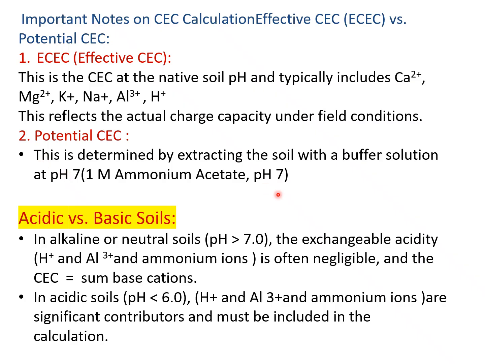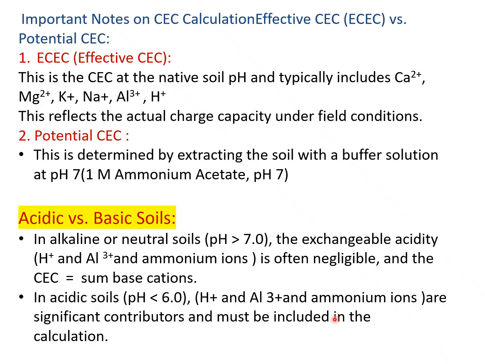How is this related to acidity or basicity of soil? In alkaline and neutral soil, where the pH is above 7, the exchangeable acidity is often negligible. The CEC then becomes the sum of base cations only. Whereas in acidic soil, where pH is less than 6, H plus and Al3 plus ions, and ammonium ions, also contribute significantly to the cation exchange capacity.